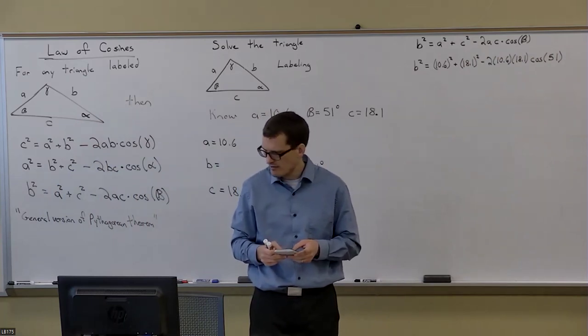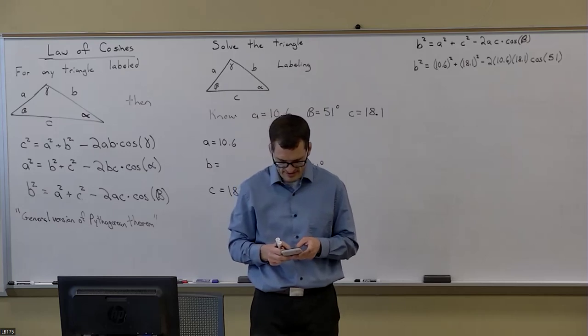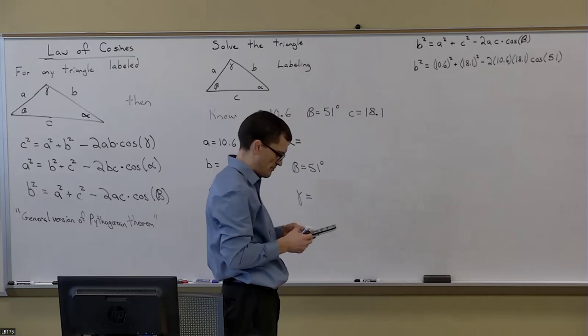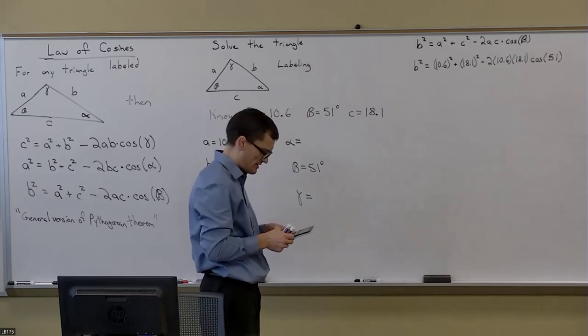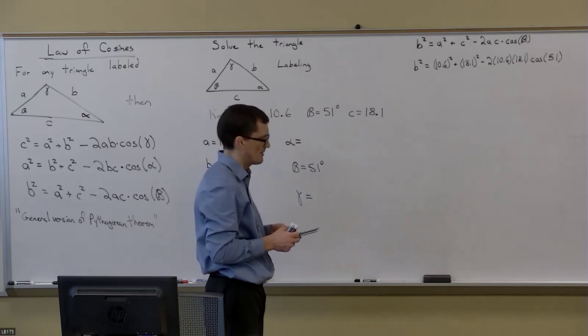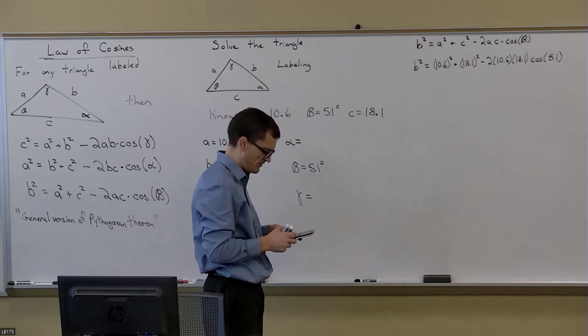Now that entire right side can be typed into my calculator. 10.6 squared plus 18.1 squared minus 2 times 10.6 times 18.1 times the cosine of 51.